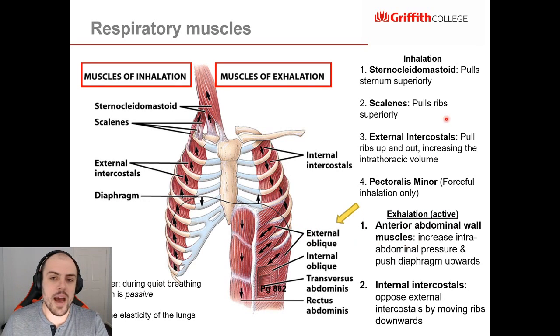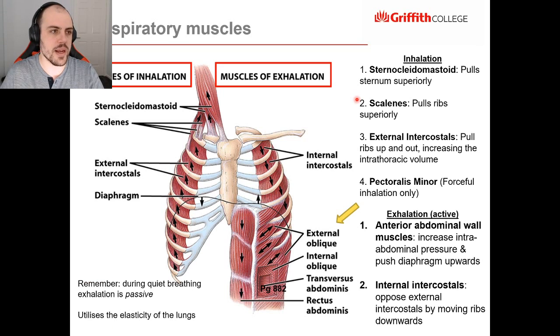Now, these are our respiratory muscles, which again we did in class last week. Now, I think it was Gemma from memory who said abdominal muscles, but again, we need some more specifics here. When we are looking at inhalation, so breathing in. Now again, this is forced inhalation.